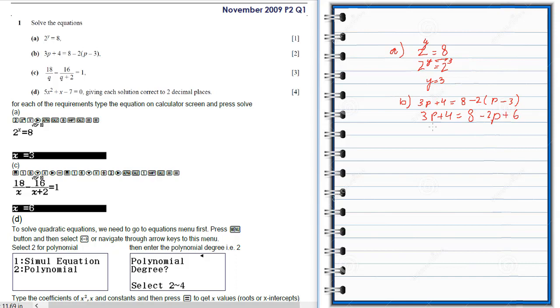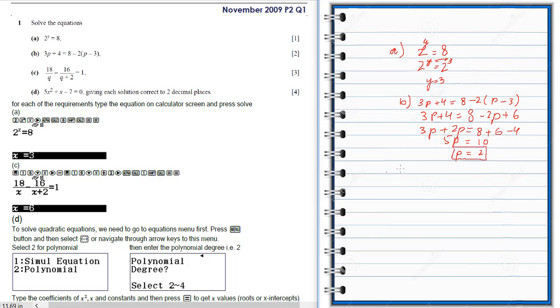So if I simplify this, 3p plus 2p is equal to 8 plus 6 minus 4. So 3p plus 2p is 5p, and 8 plus 6 is 14, 14 minus 4 is 10. If I divide both sides by 5, I will get 2. So this is my answer to p.